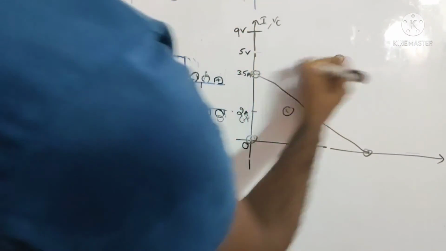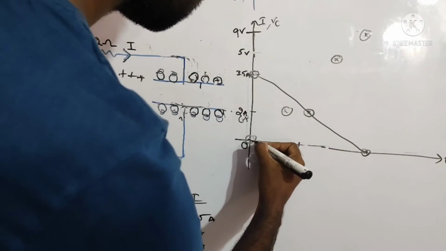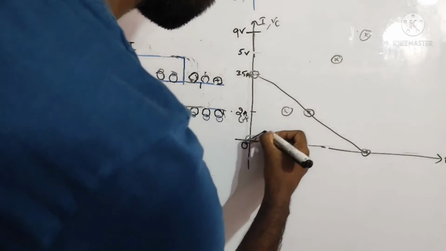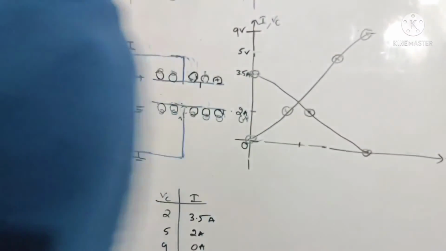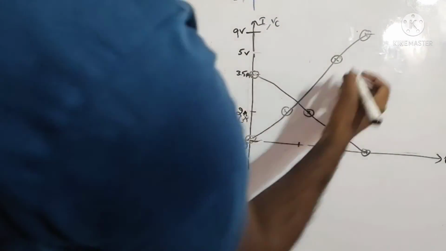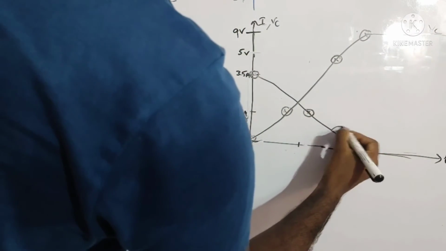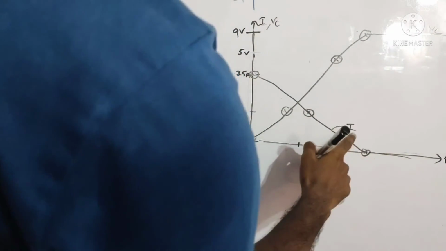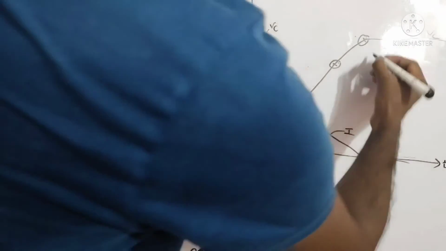This is the voltage graph, the voltage across the capacitor. This is VC and this is the current I in the circuit. Okay, so now you can observe this part.